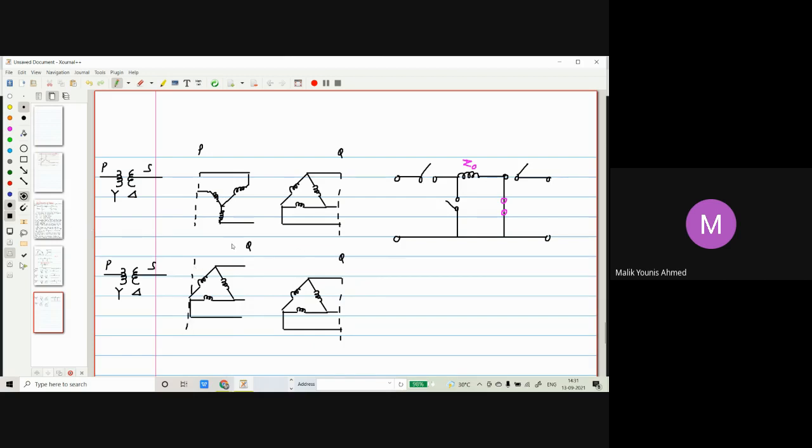So on this side, the primary side is P and the secondary side is Q. Now what winding do we have? We have both windings as delta delta. So the primary side is delta, the secondary side is delta. Let me copy this.